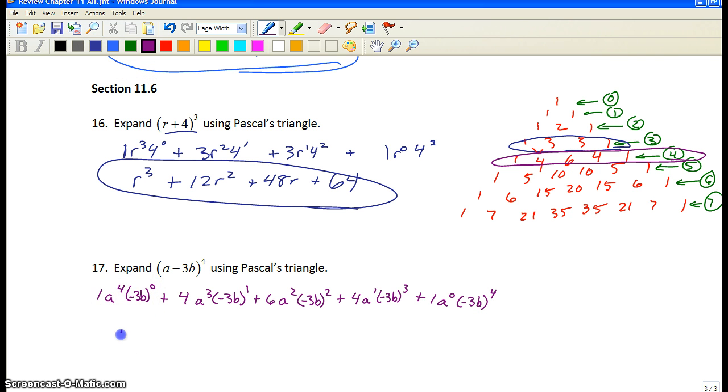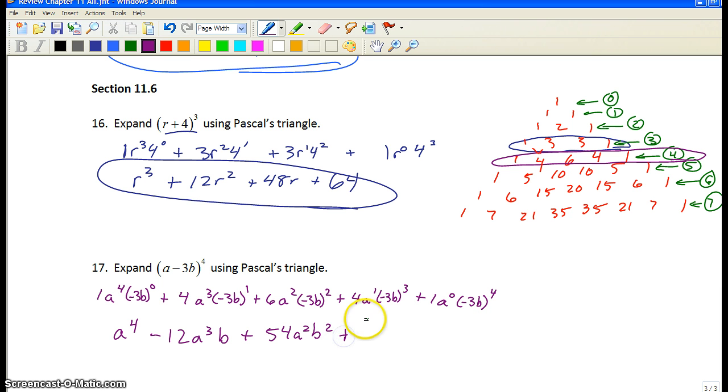So in the first term, we're going to get a to the fourth. We're going to simplify the second term. That's going to be negative 12. So we're going to have minus negative 12, a to the third b, and then it's going to be plus, because it's a squared, and that's going to be positive. So then we're going to get 9 times 6, which is going to be 54, a squared, b squared.